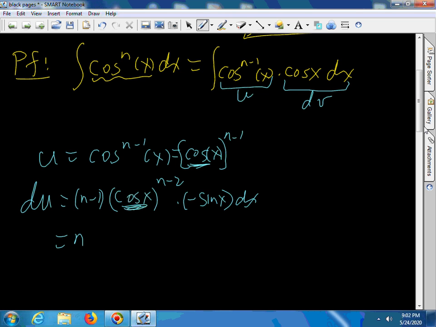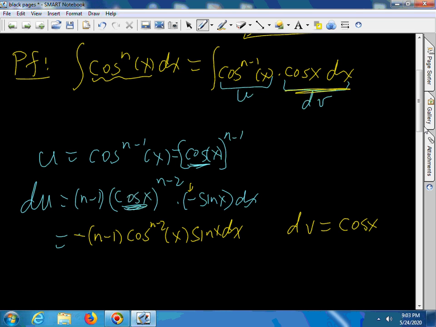So we get negative, because of the negative right here, negative n minus 1 cosine raised to the n minus 2 of x times sine x dx. And this is dv: dv is cosine x dx, so v is just sine x.